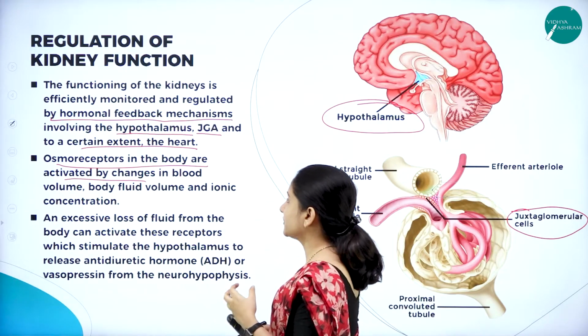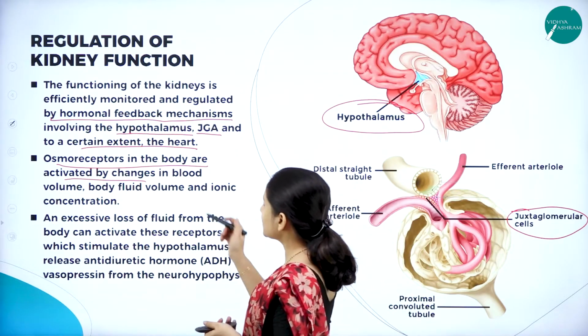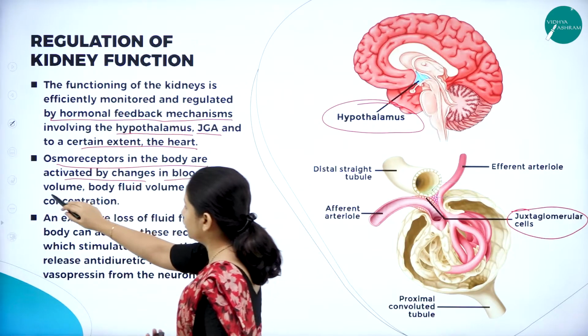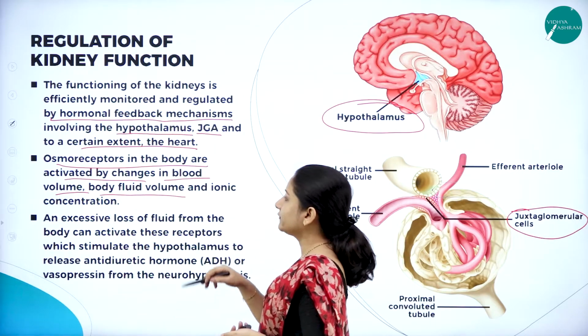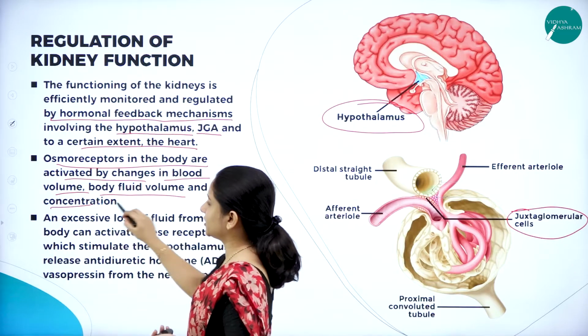So these osmoreceptors in the body are activated by certain changes in the blood volume. Not just that, also in the body fluid volume and in the ionic concentration.